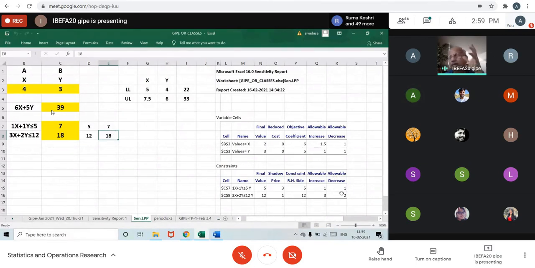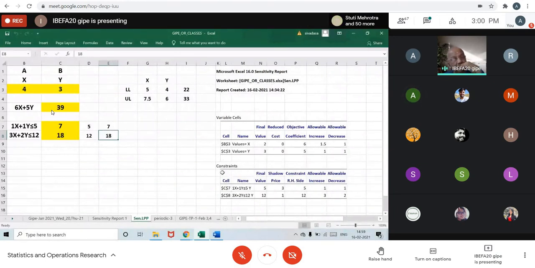Decrease you forget, because our objective function is profit, so profit we want to get maximum. The sensitivity analysis has only one plus point: it guides you, it directs you, it helps you where to be concentrated more so that your objective will be better.